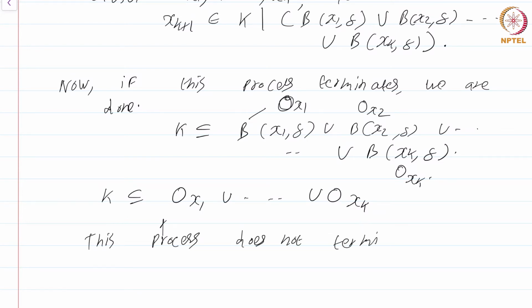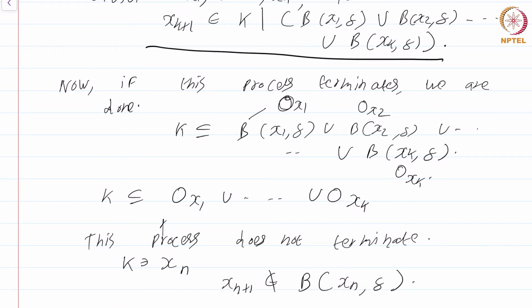Which just means we have found a sequence x_n in K. Not only have we found an x_n in K, this x_(n+1) is not an element of B(x_n, delta). That's exactly the way by which the next element in this sequence was chosen.